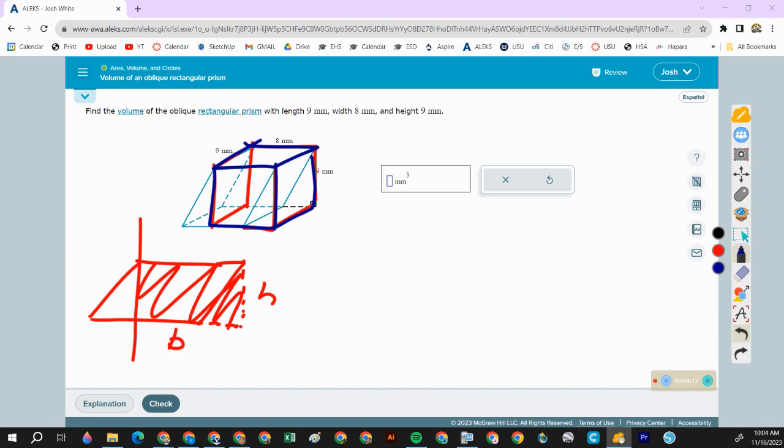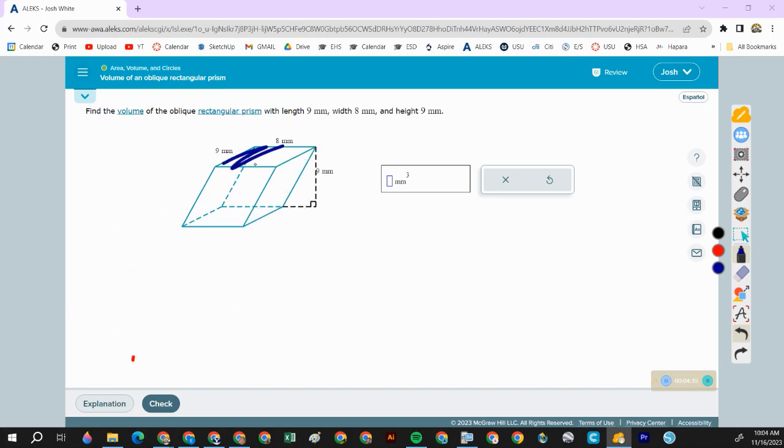So if it is a rectangular prism that is sort of skewed, all I have to do is base times height, length times width, and then times it by the height. Notice this length over here is not part of the formula. So the area of the top is 9 times 8, and then we'll times that by the height, and that's going to be in millimeters cubed.